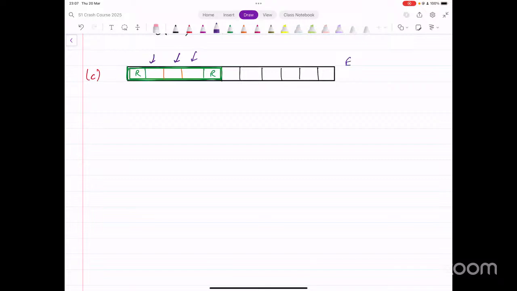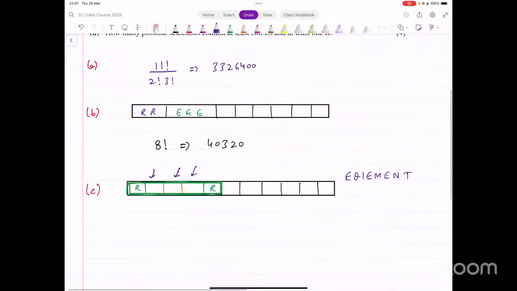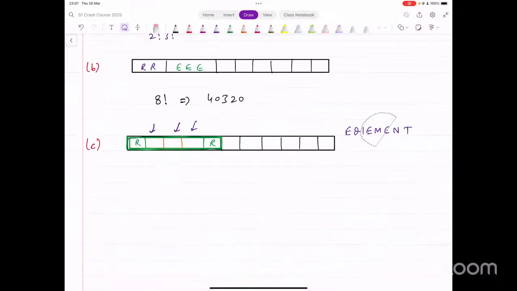So we have E, Q, I, E, M, E, N, T. So that's 1, 2, 3, 4, 5, 6, 7, 8. We have 8 remaining letters apart from the 2 R's. Are we missing something? I've missed U there. There's also a U. Q, U, I, R, E. So these are the remaining letters.